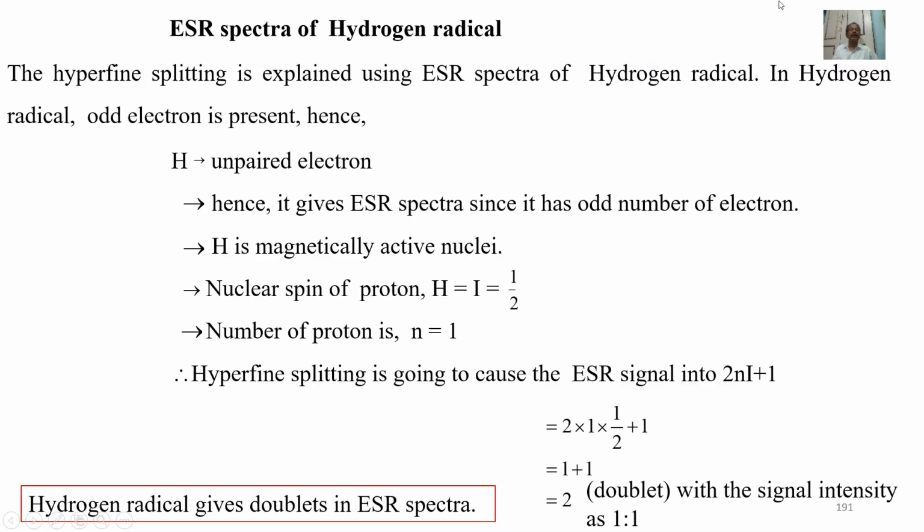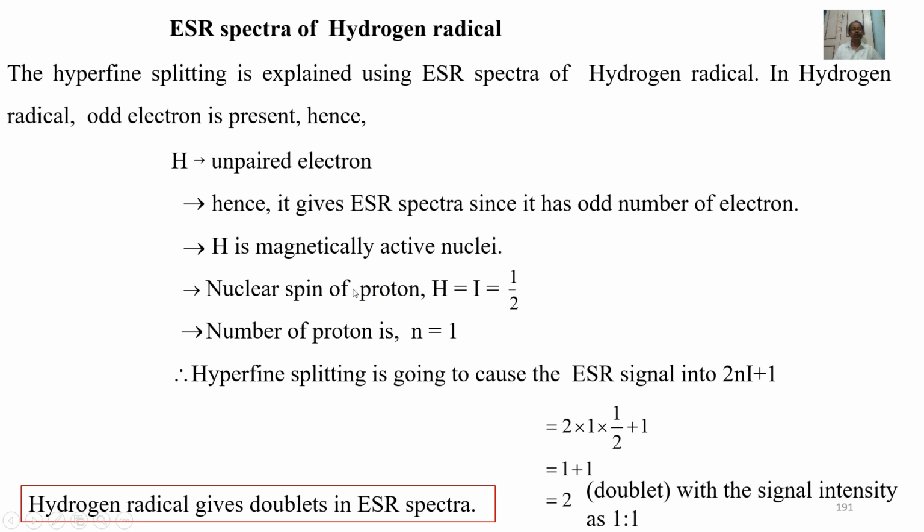ESR spectra of hydrogen radical. The hyperfine splitting is explained using the ESR spectra of hydrogen radical. In hydrogen radical, an odd electron is present, hence an unpaired electron. Hence, it gives ESR spectra, since it has an odd number of electrons and is a magnetically active nucleus.